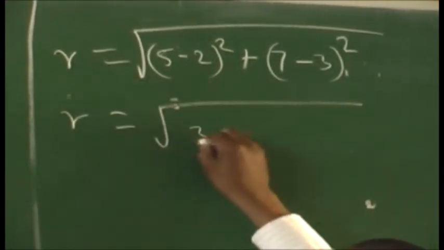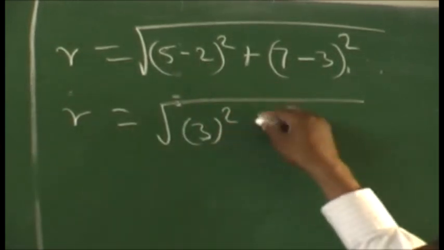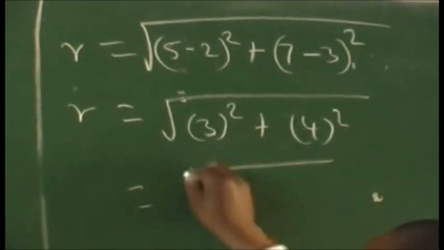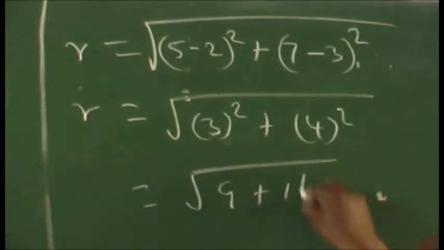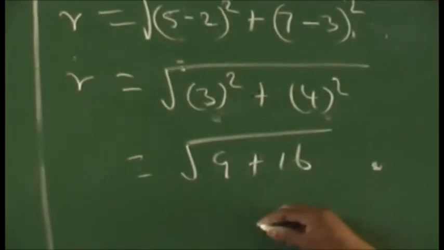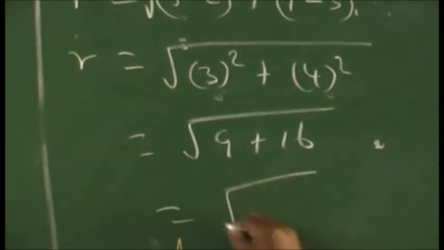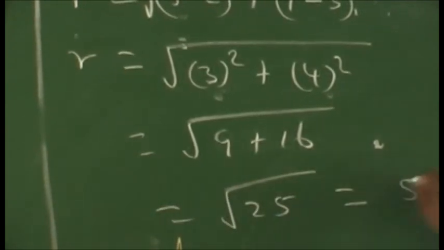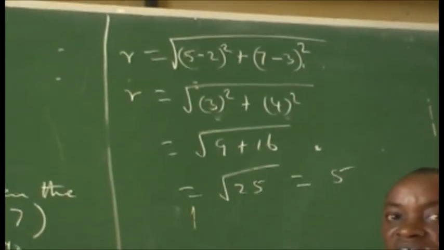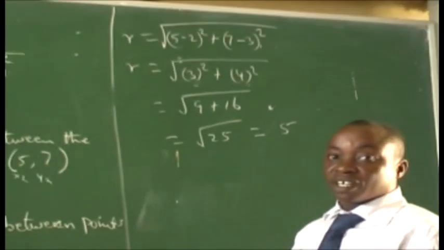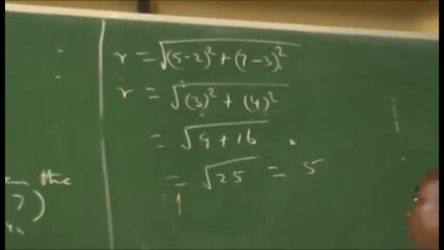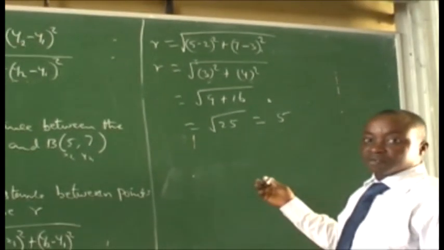We have 3 squared plus 4 squared, which is the same thing as 9 plus 16. This further gives us the square root of 25, which is 5. So the distance is 5 meters, if it is in meters that they are taking, or centimeters, whatever it is. Yes, meters. So it's 5 meters.